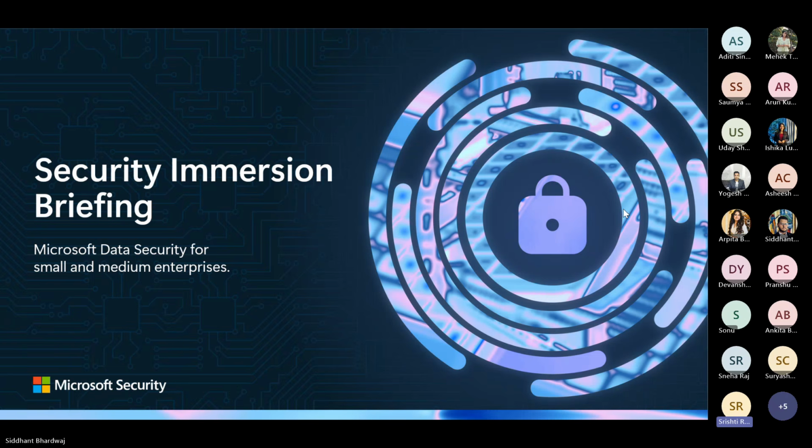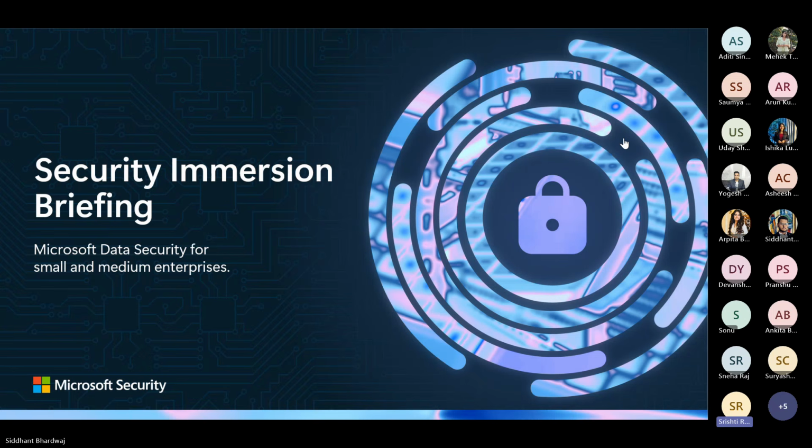Feel free to interrupt. In today's session, we'll explore how Microsoft helps organizations discover, classify, protect, and govern their data across your users, devices, and applications. We'll also look at practical strategies.